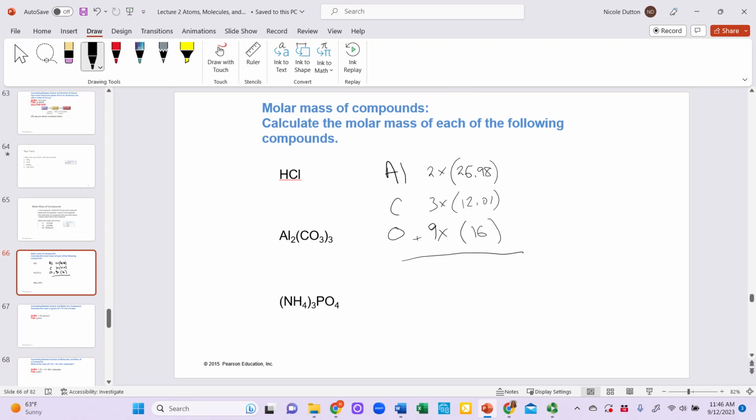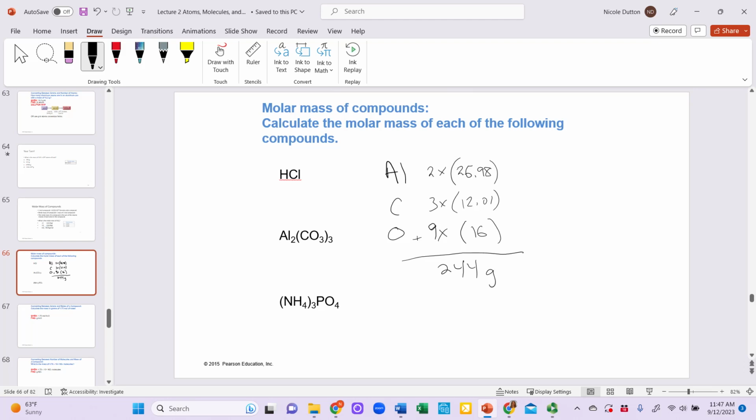So parentheses, 2 times 26.98, close the parentheses, plus parentheses, 3 times 12.01, close the parentheses, plus parentheses, 9 times 16, close the parentheses, equals 233.99, in other words, 234 grams, rounded to 3 sig figs. And we go through the next one.